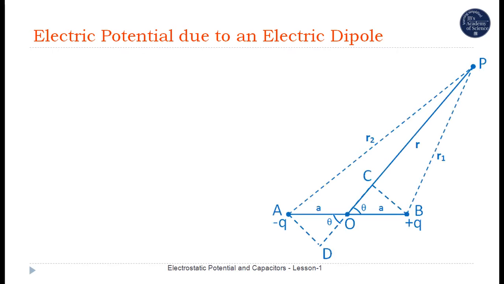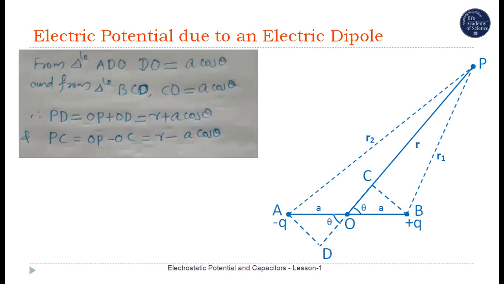Look at this figure again. Now from triangle ADO, DO is equal to A cos theta, and from triangle BCO, CO is equal to A cos theta, where 2A is the length of the dipole. So A is half the length of the dipole.